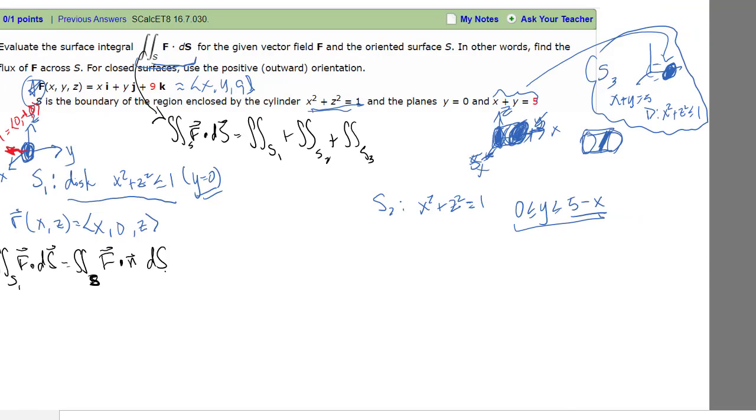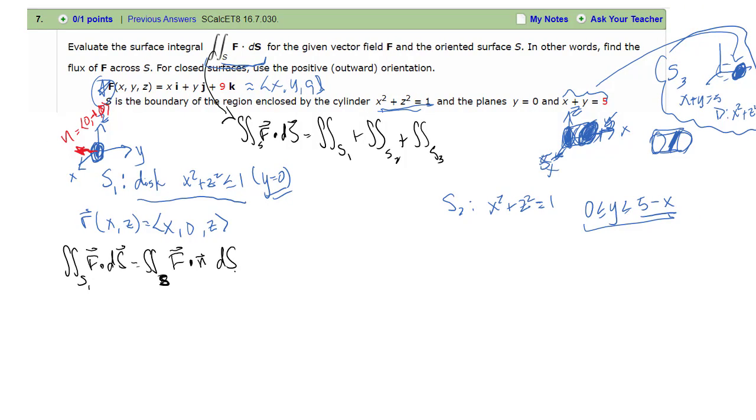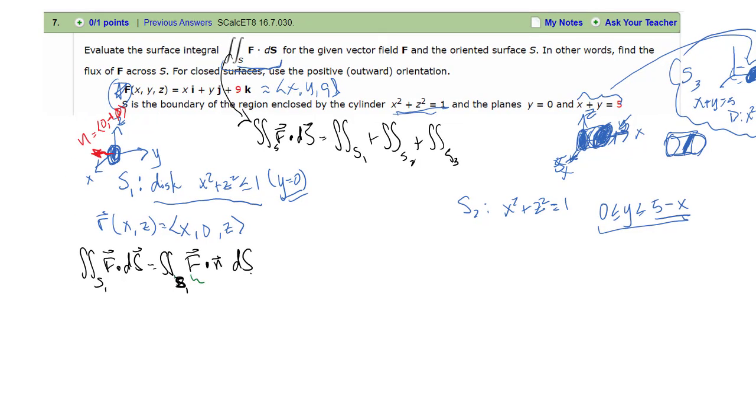I suppose we should still call this S because this is still a surface integral. But in any case, what we want to do is take this dot product and compute this. So I need to figure out what F is. So F is x, y, 9 dotted with n, 0, minus 1, 0.